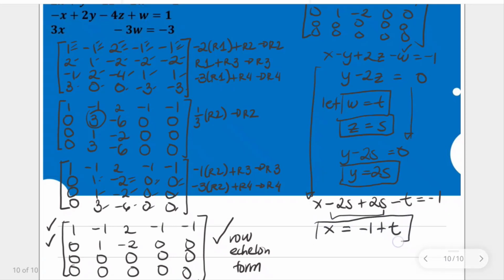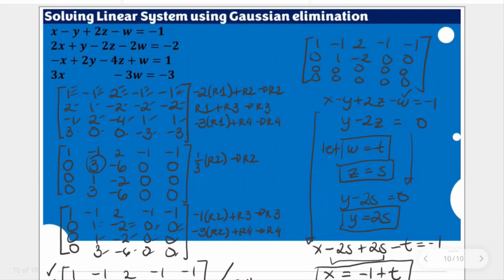This is our representation for x. So these are now the representations, because we don't have exact values, for the variables x, y, z, and w. We have infinitely many solutions depending on the values that you're going to use for s and t, the arbitrary variables. And this is the solution for this linear system using Gaussian elimination.